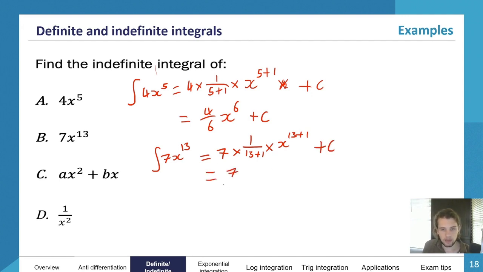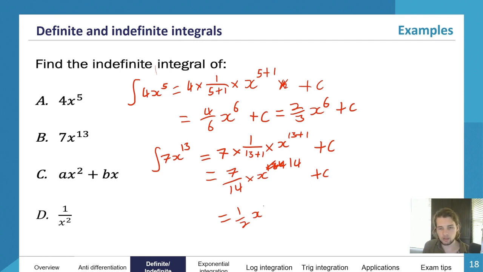So that is 7 over 14. Now this is actually a mistake up here. I've forgotten to simplify it a little bit. Fractions, you should always try to simplify, and we have to do the same over here as well. Multiplied by x to the power of 14 plus c. So that's equal to 1 over 2 x to the power of 14 plus c.